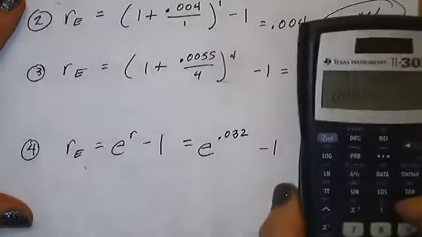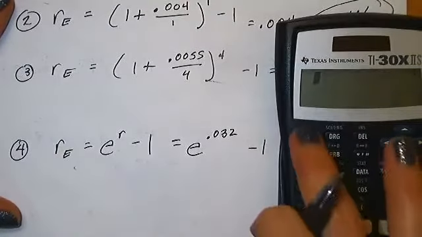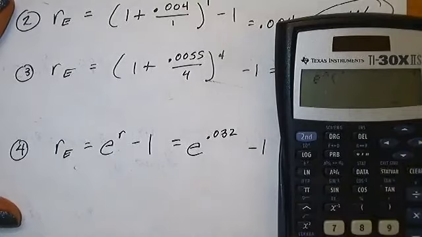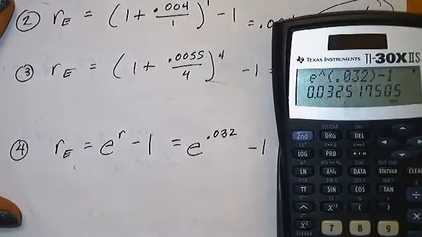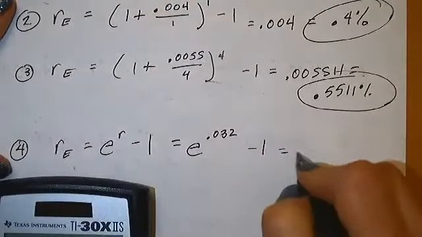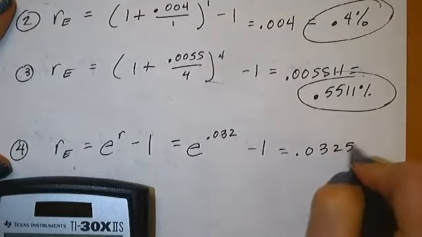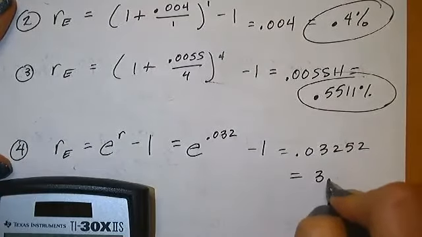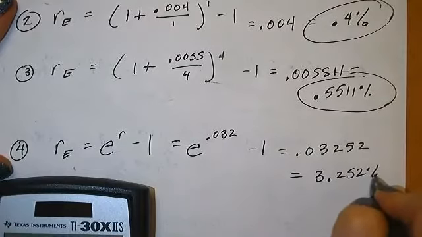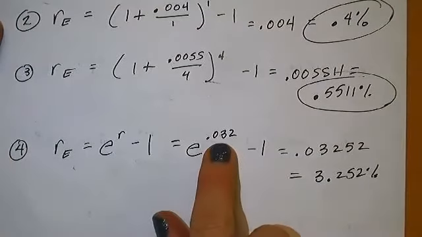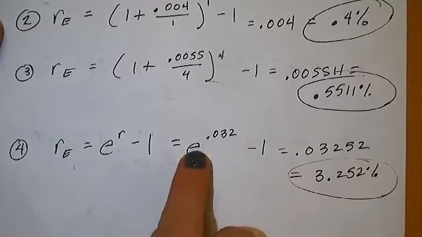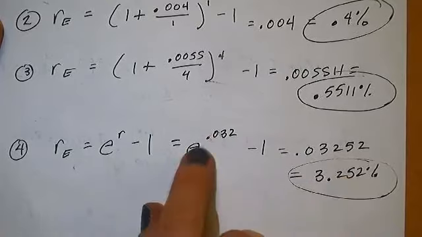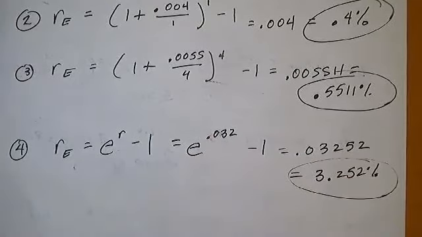We're going to put that into my calculator here, and we're going to get an effective rate of interest of 0.032517, which is 3.252%. So you can see how the 3.2% has now become 3.25%. The effective rate definitely increased more by continuously compounding this account.